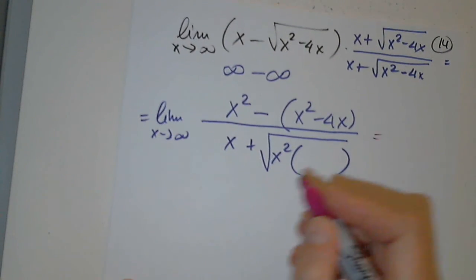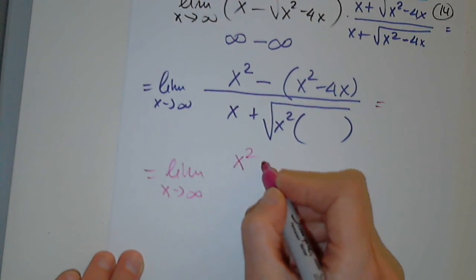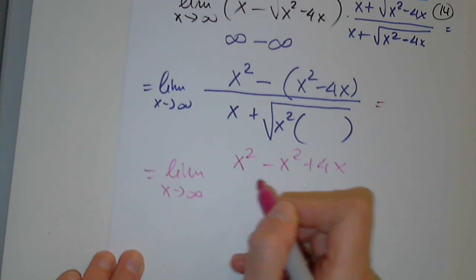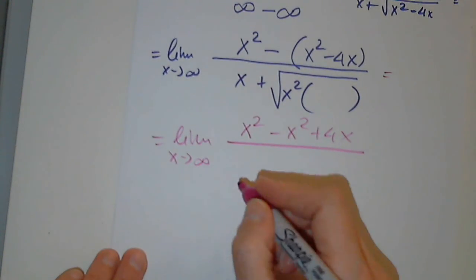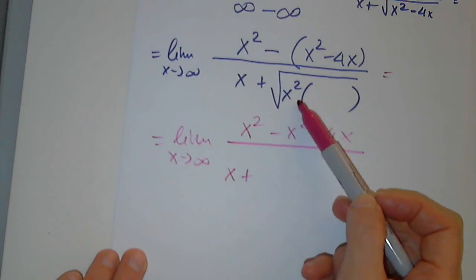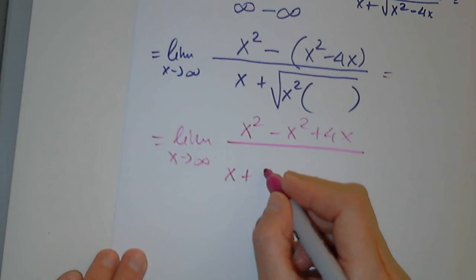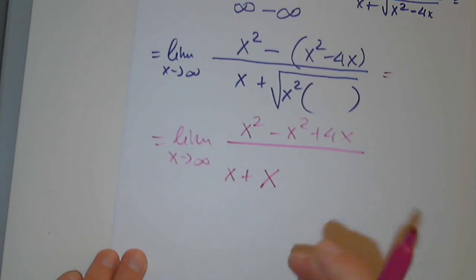Okay, so then the numerator will be the limit as x approaches infinity of x squared minus x squared plus 4x. And the denominator will be x plus, when I take the square root of x squared, what do I get when x approaches infinity? x.